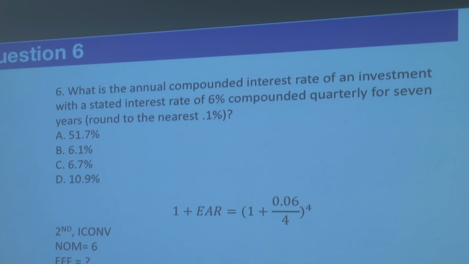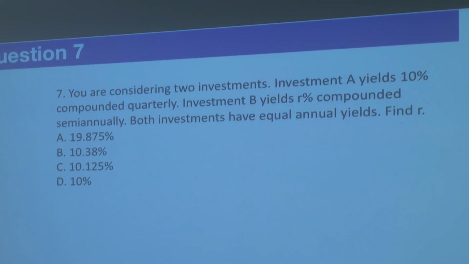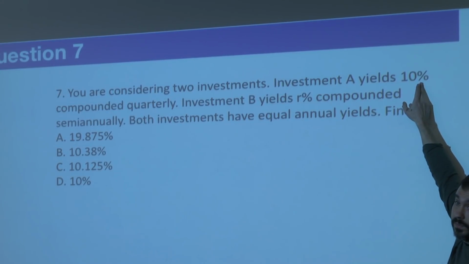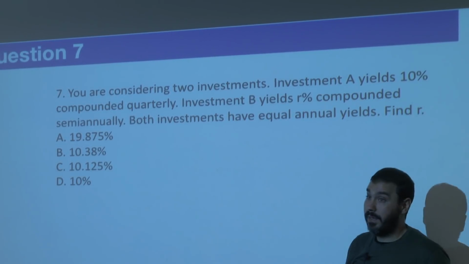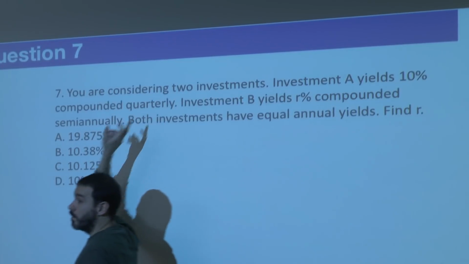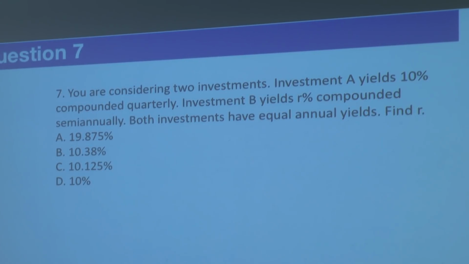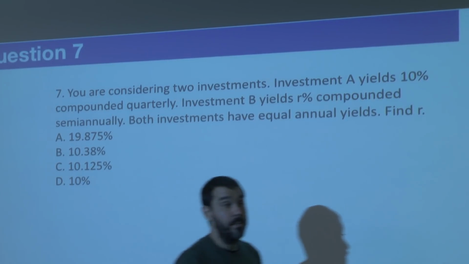If this 10% was effective, it would already be an EAR, and you wouldn't need to know it's compounded quarterly. It's relevant that it's compounded quarterly because those two pieces of information together allow you to compute the effective rate. So this 10% is an APR.